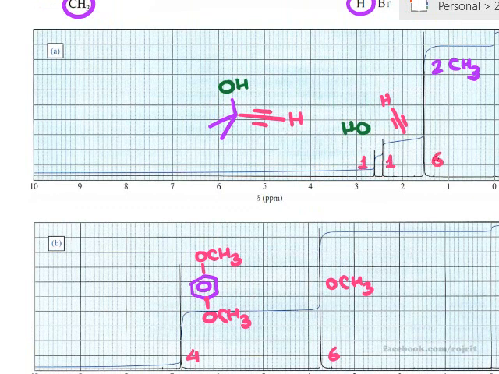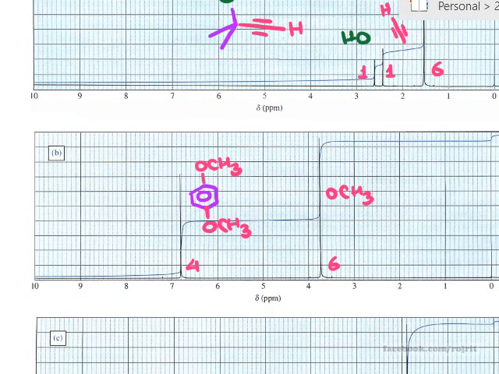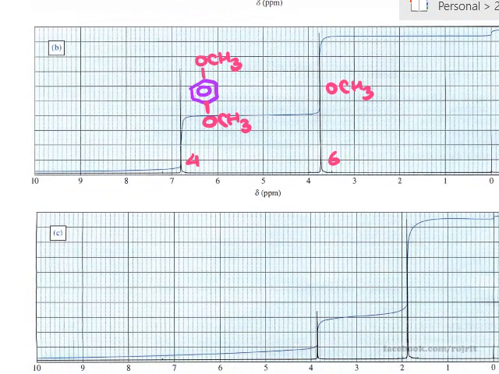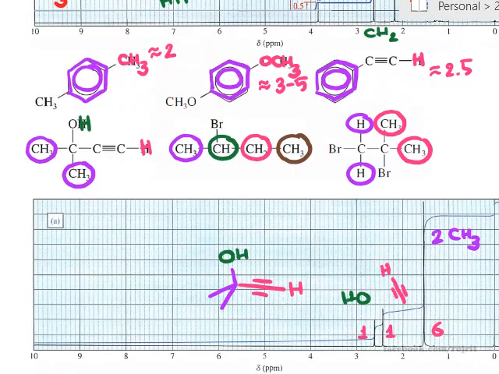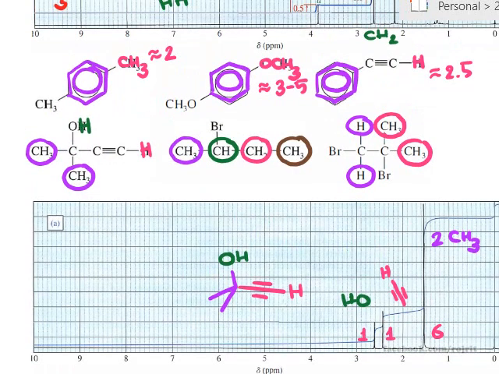So you can double check the position and the integration. Last, this one. So you have 3 something and 2. So you have just 2 types without the benzene ring. So it has to be the last molecule over here, right?